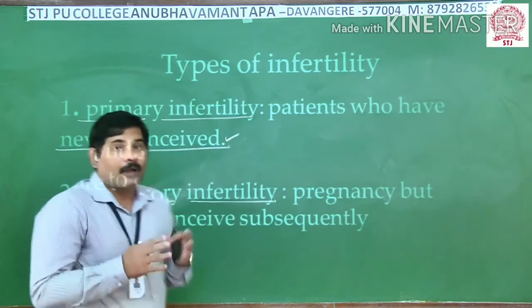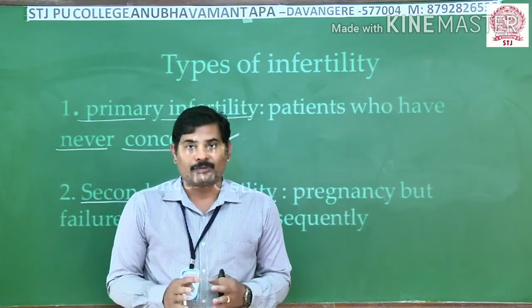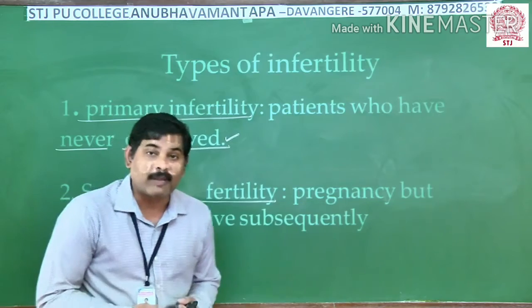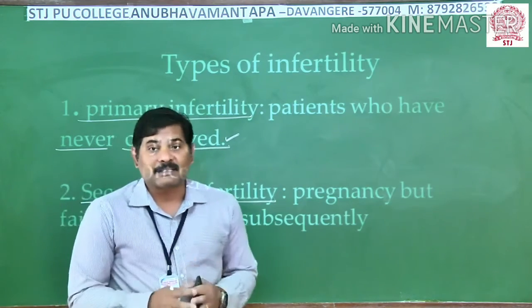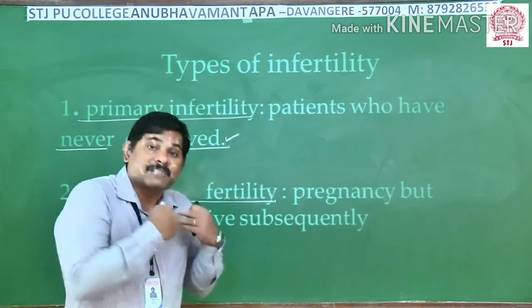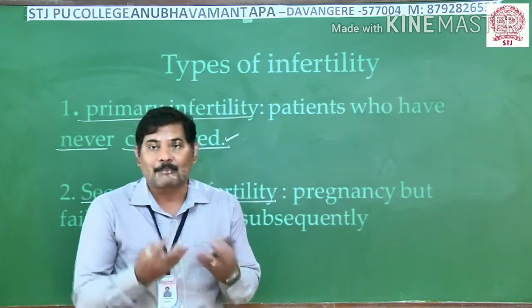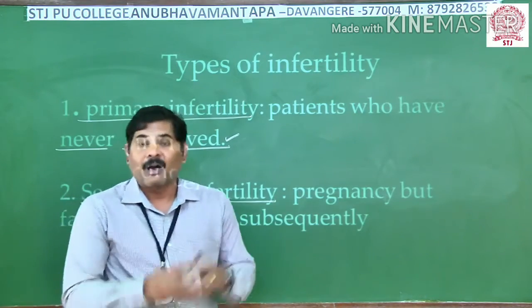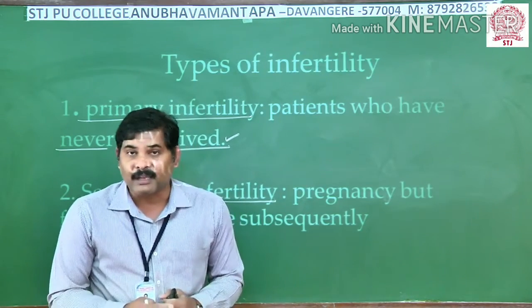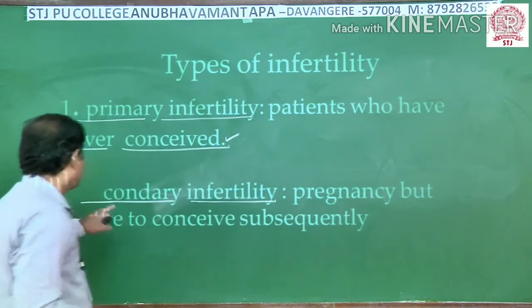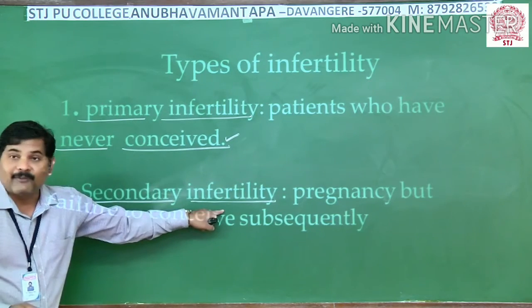Then what is meant by secondary infertility? In this case, the couple once conceived, but unfortunately an abortion may have taken place, or the couple may have had their first successful kid, and if a subsequent pregnancy does not take place, or once it is aborted, if they fail to conceive once again, that condition is considered secondary infertility.